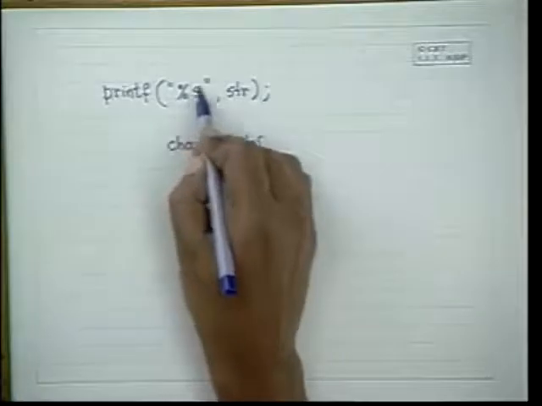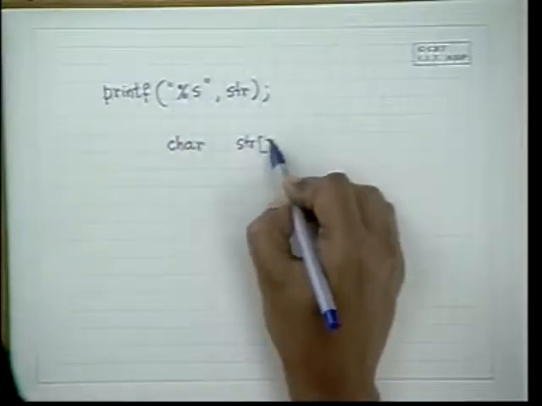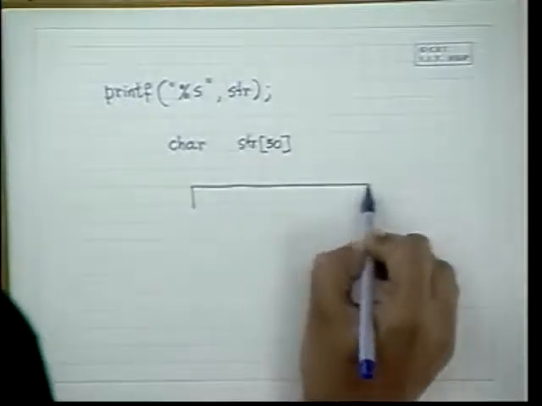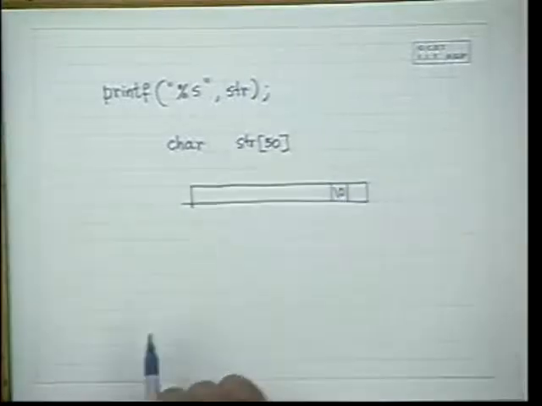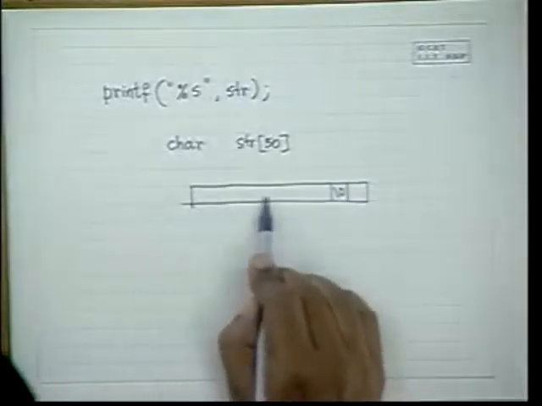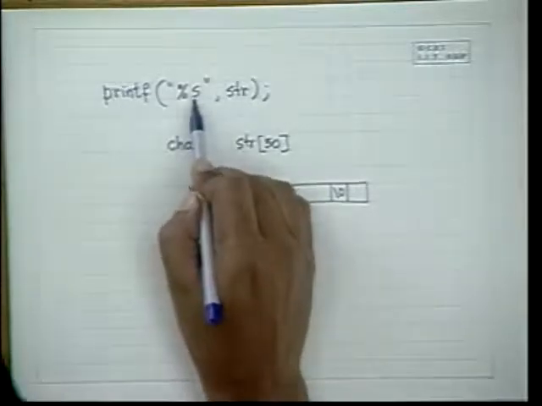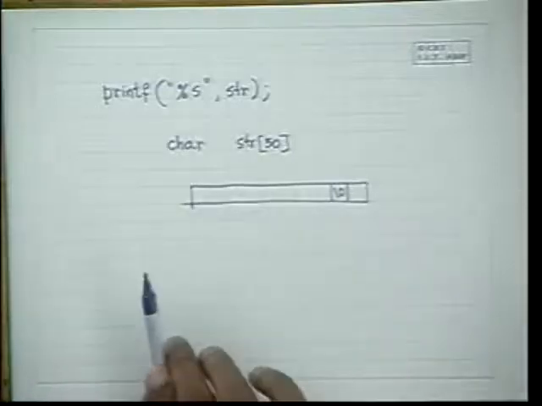Whatever you print in %s format must be defined as a character array, firstly, and secondly, the data must end with a \0. If there is no \0, then this function for printing in %s format will go on continuing till the end.